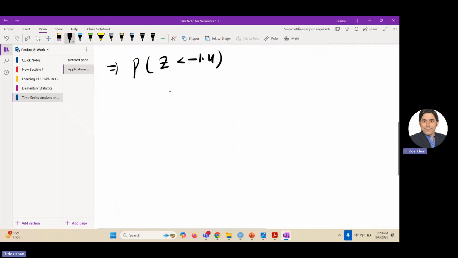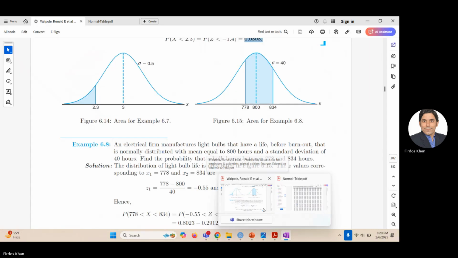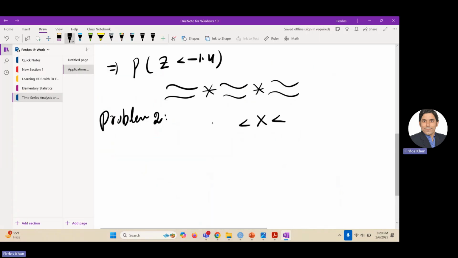They ask what the probability is that the bulb lies between two values: 778 and 834. So we need to calculate this probability.